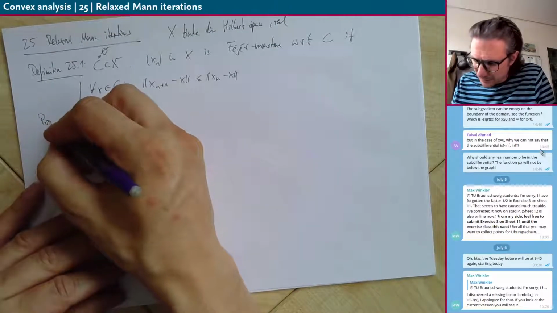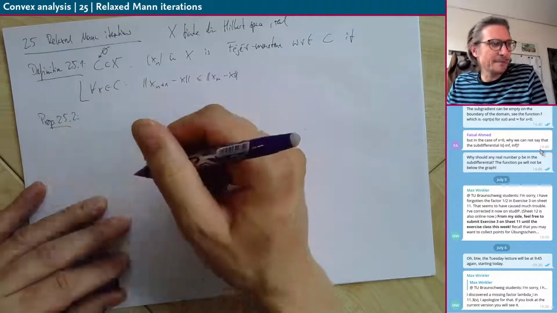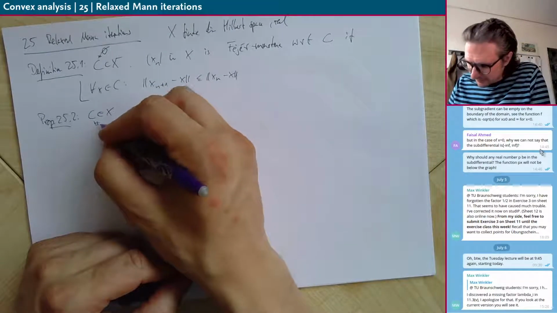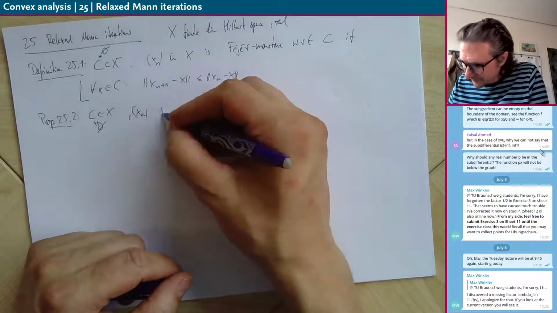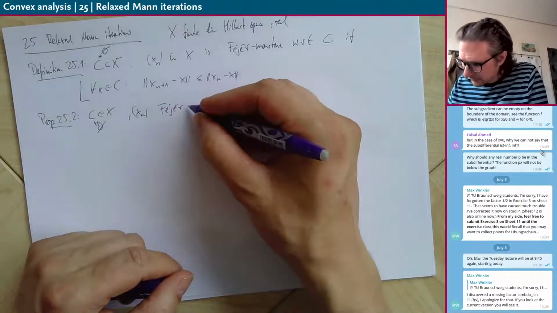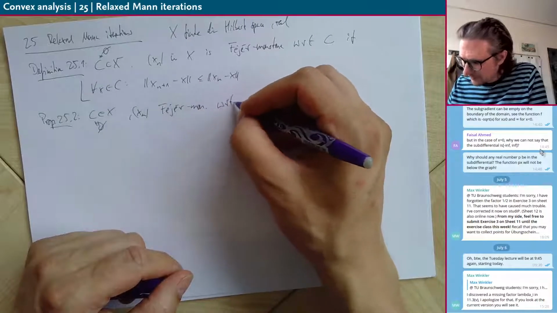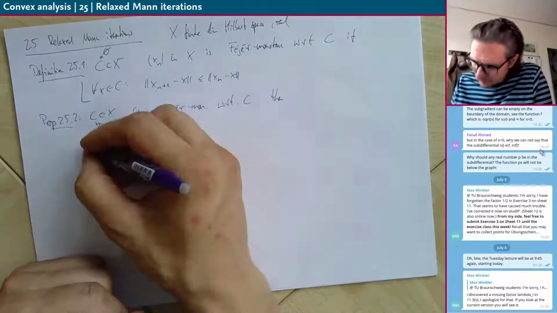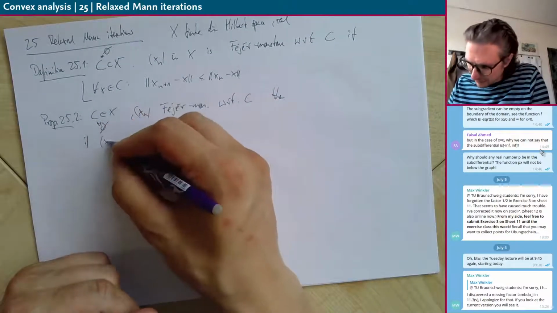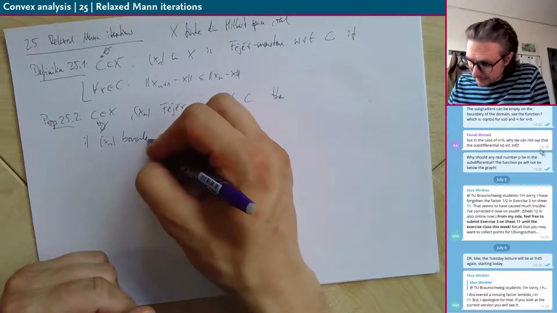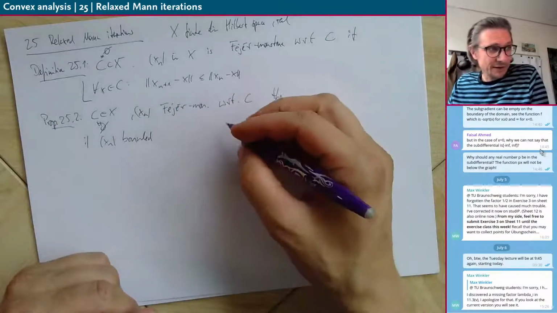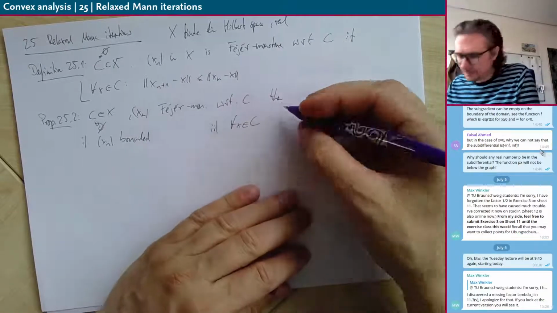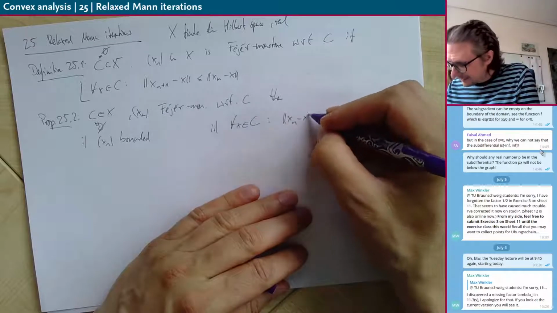So the consequences are Proposition 25.2. If again C is a non-empty subset of X, and x_n is Fejér monotone with respect to C, then you have a lot of consequences. One, the sequence x_n is bounded and hence has a convergent subsequence, which is also nice. Two, for every x in C, the sequence of norms ||x_n - x|| converges.